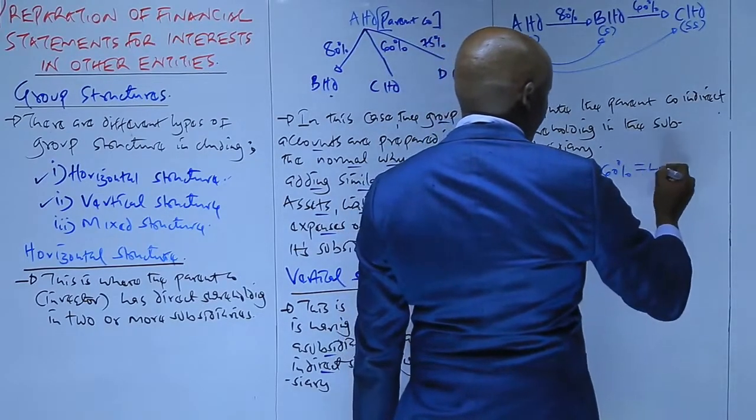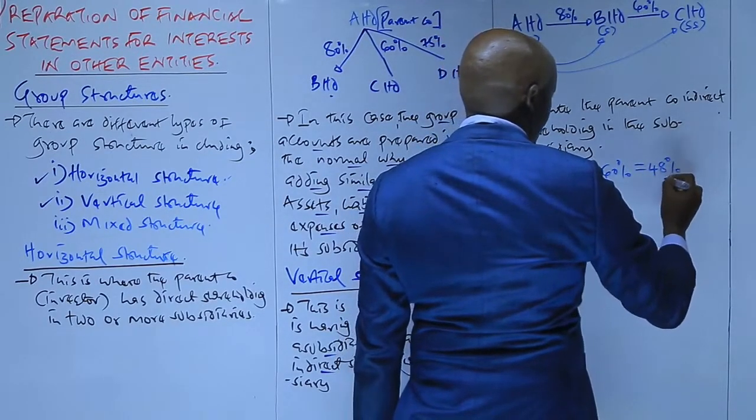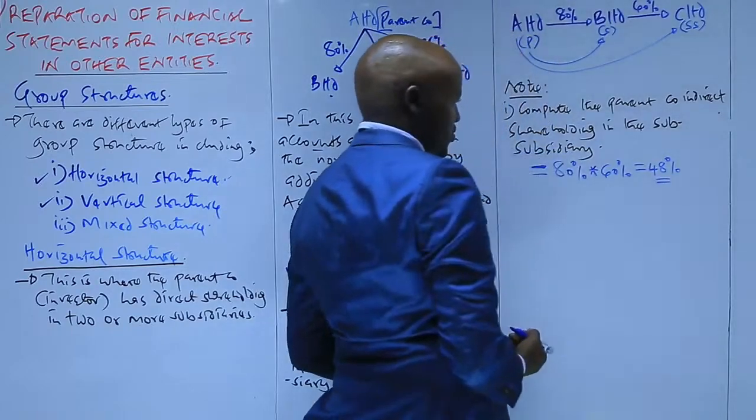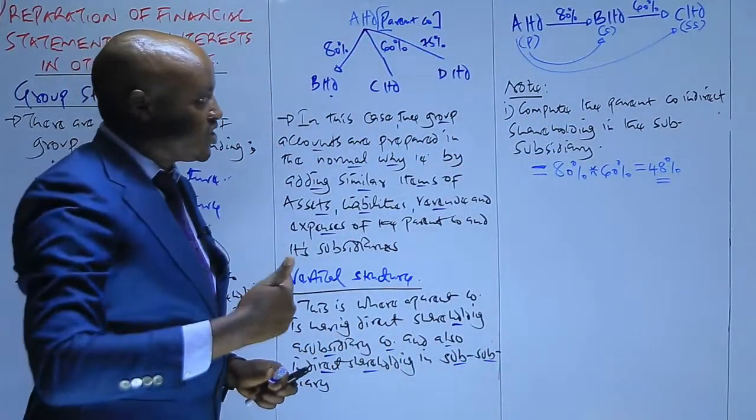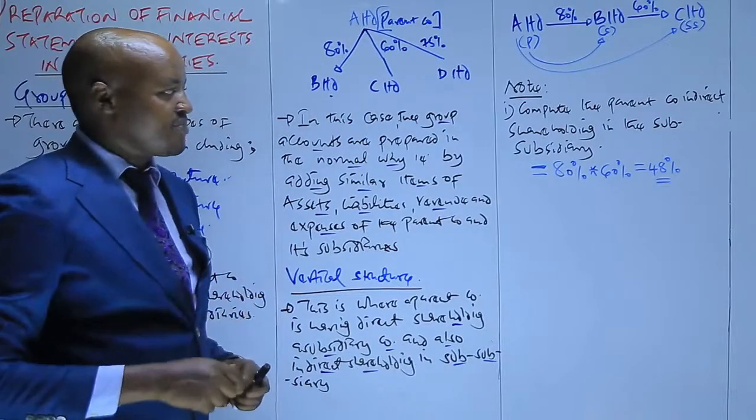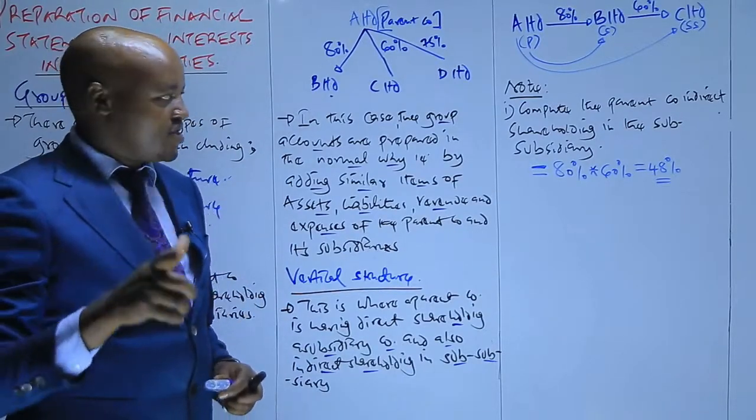So in this case, we are going to get a rate which is 48%. So here we say that the parent company indirect shareholding in C, or basically in the sub-subsidiary, is 48%.